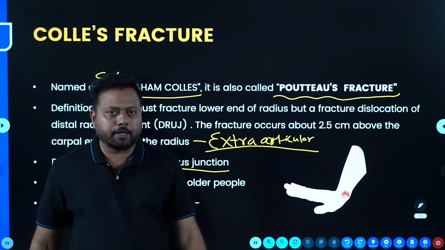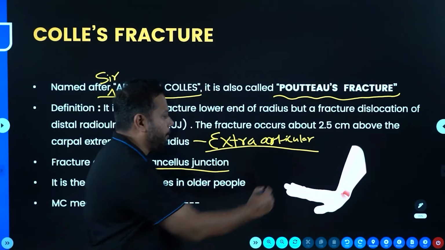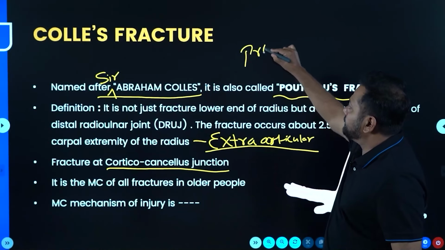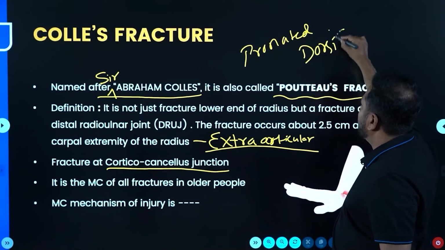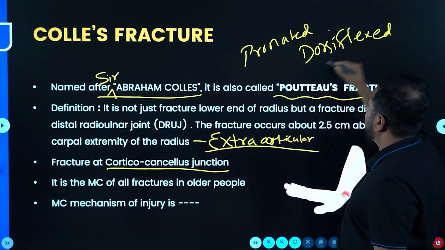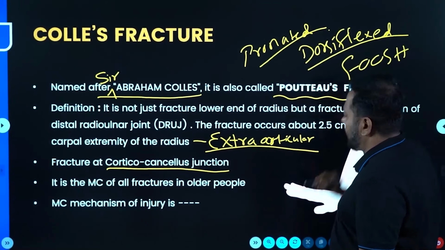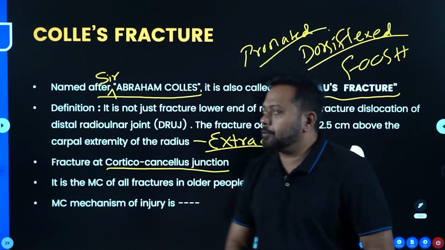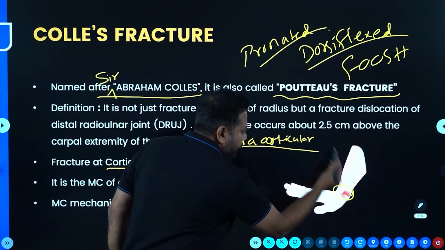The exact mechanism is a fall on an outstretched hand with the forearm pronated and the hand dorsiflexed. So look at this diagram, classically, Colles fracture will happen here.